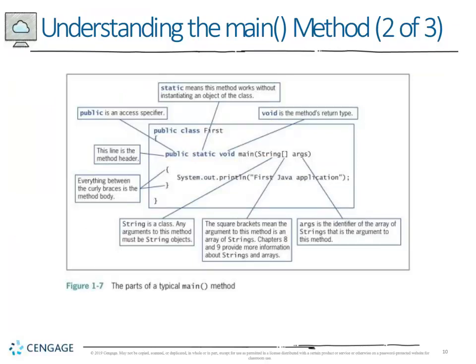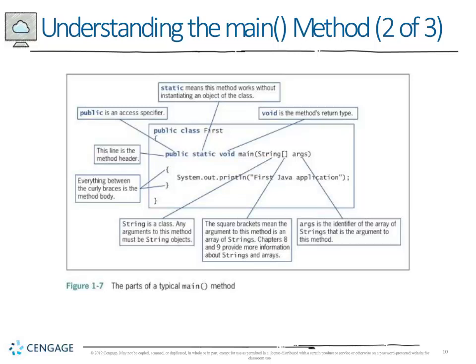So public class first. Public is an access specifier. Class is a keyword. First is the name of this class. And inside we have public static void main String args. The public is also an access specifier.